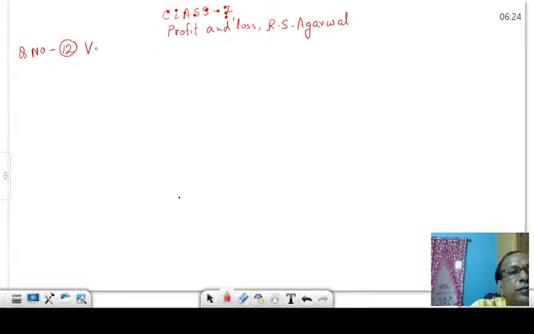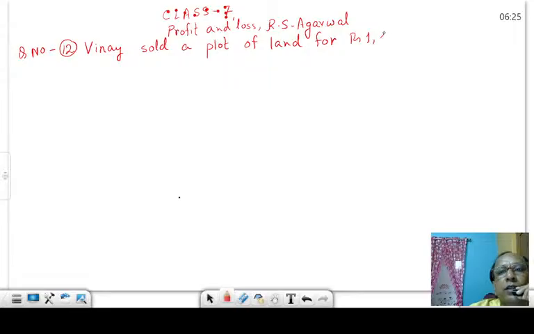Binay sold a plot of land for rupees 1,43,000, gaining 4%, right?